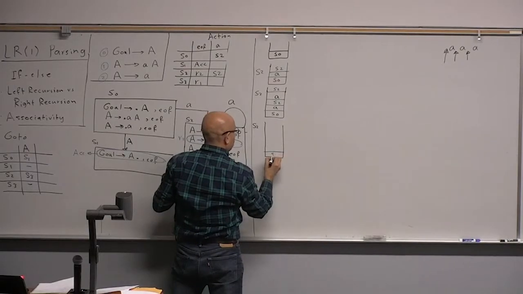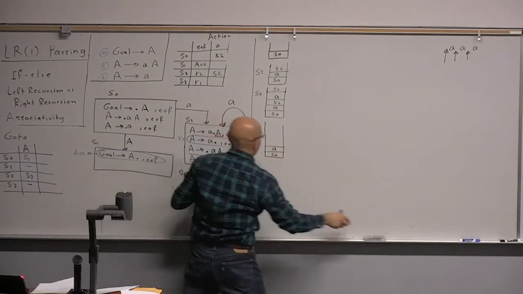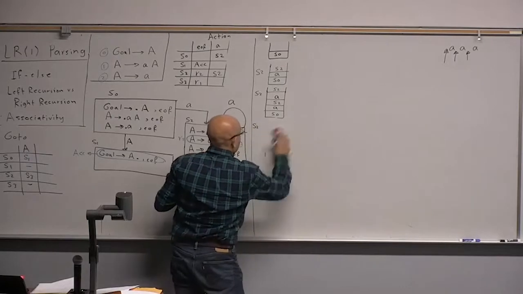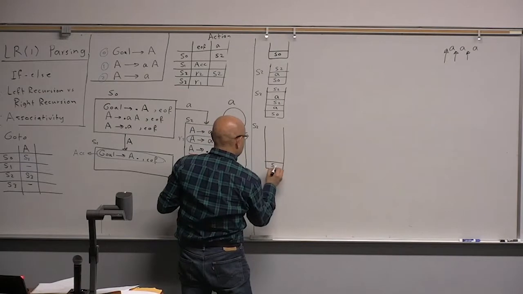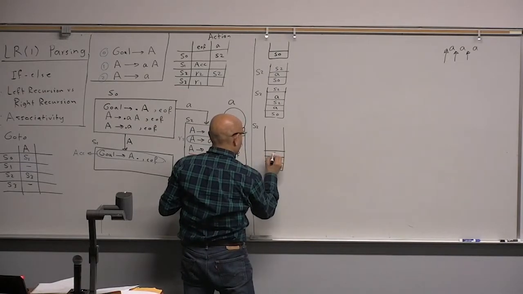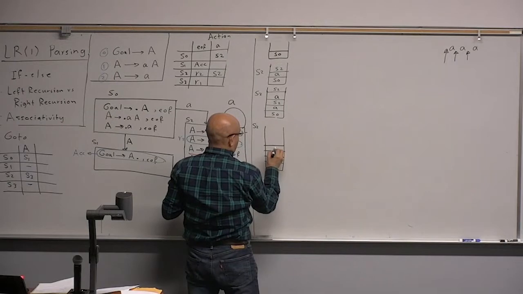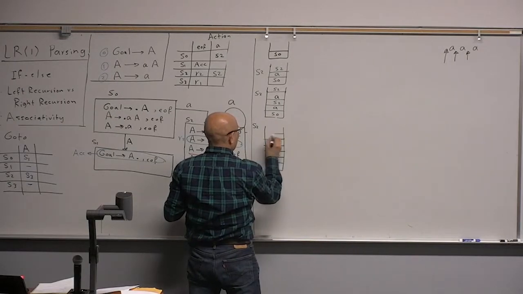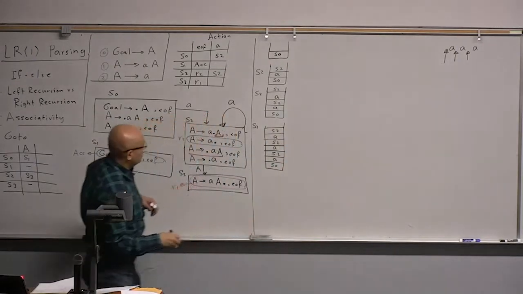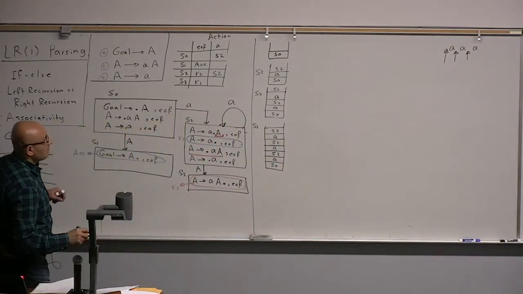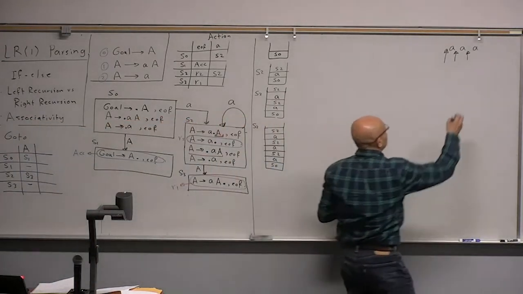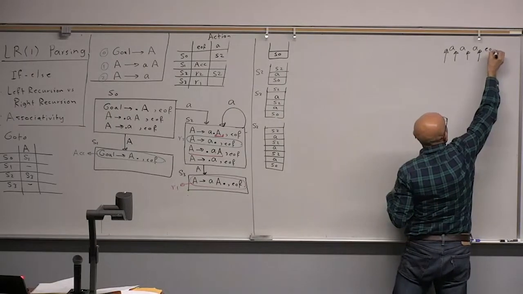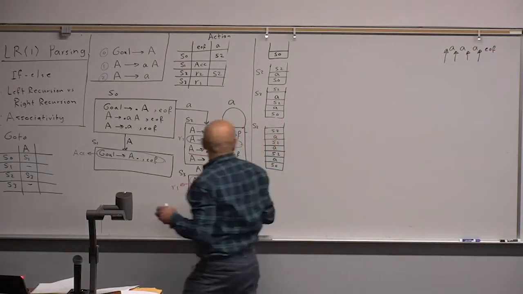And now we have S0, A, S2, A, S2, A, S2. We shifted 3 times. Now, after shifting 3 times, we are here, and we are seeing end of file.